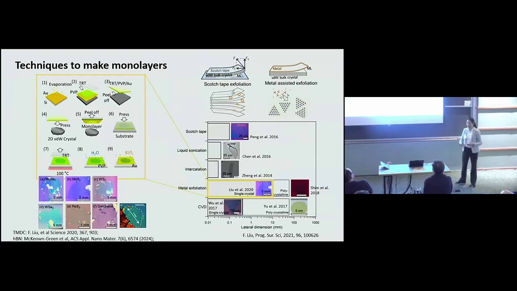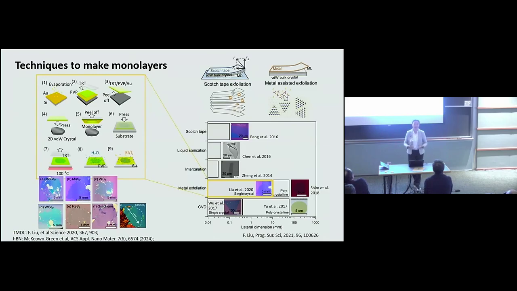There are generally two strategies: one is the bottom-up growth technique, more like chemical vapor deposition; the other is top-down exfoliation. There has been a lot of development on chemical vapor deposition, but so far the highest quality monolayers and twisted bilayers are still made by the exfoliation technique.